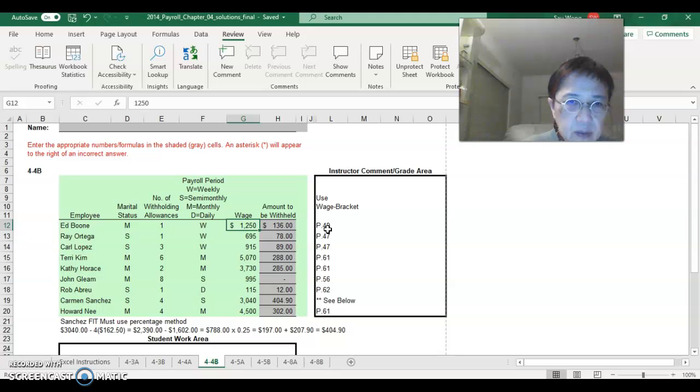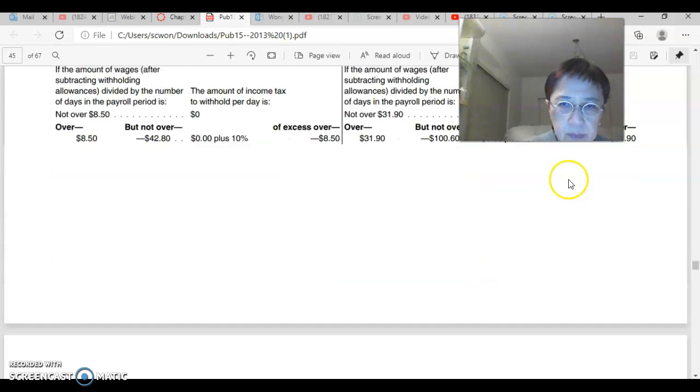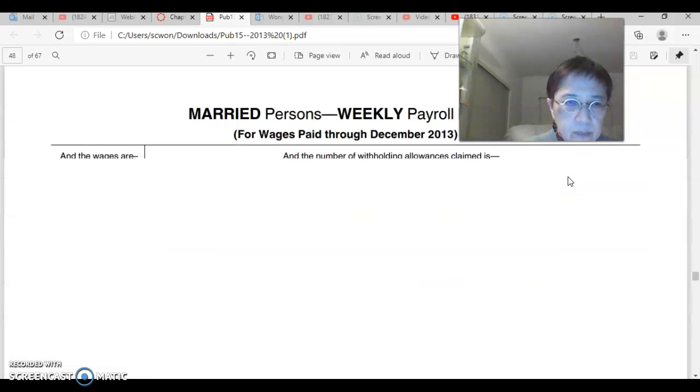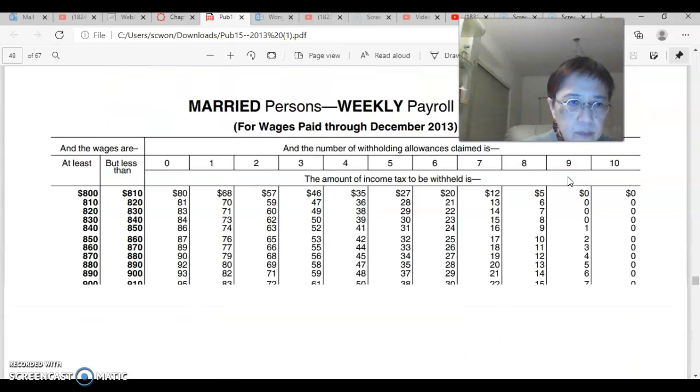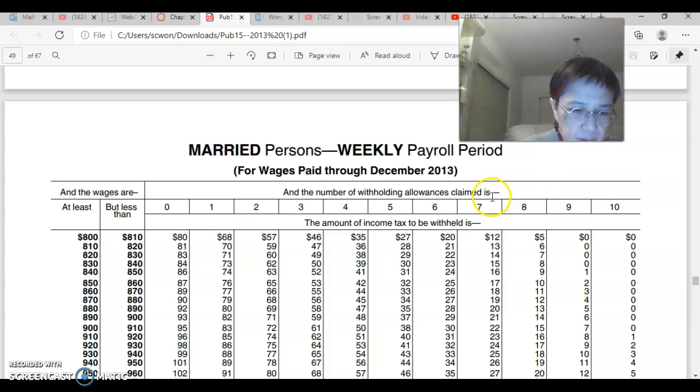Page 49 is the wage bracket method for the $1,250. Let's go to page 49. So this is page 49. Ed is married, and then his payment is weekly.